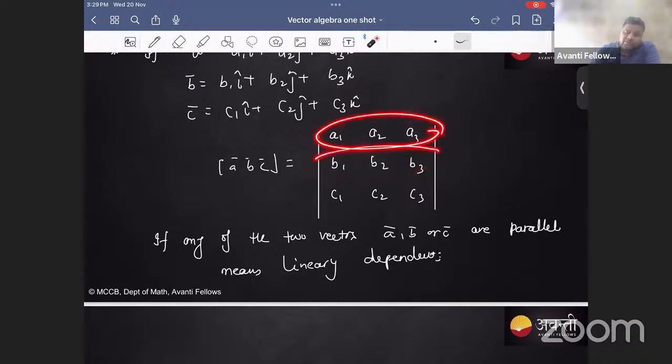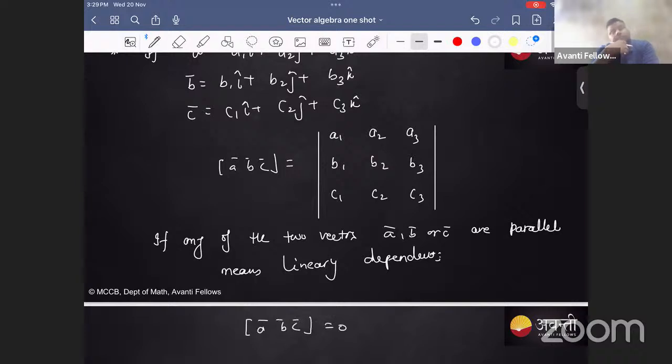And if two rows of the determinant are identical, in that case box ABC goes 0. Got it? In that case, box ABC is 0.